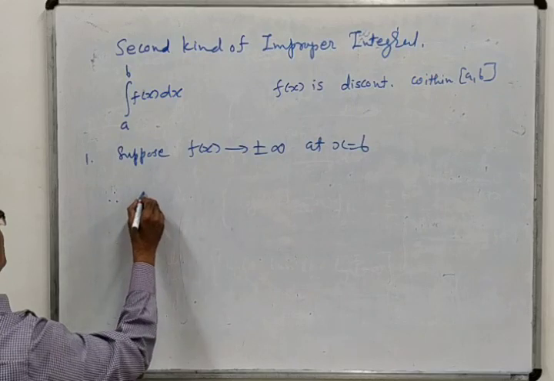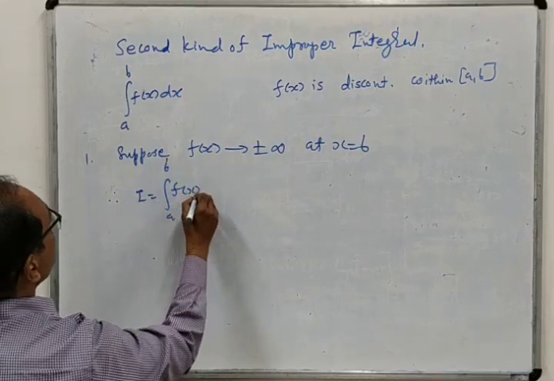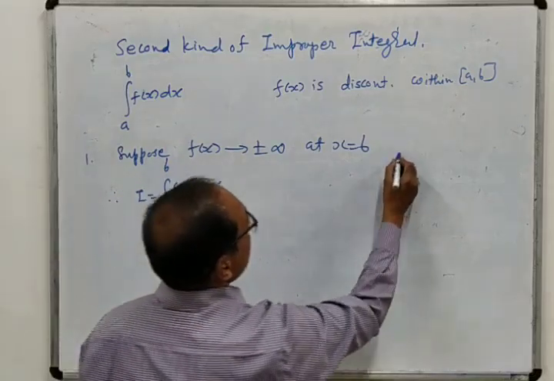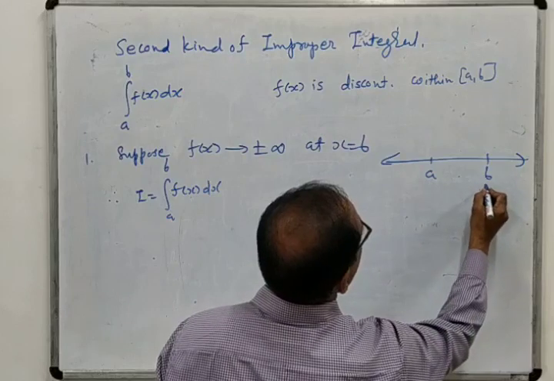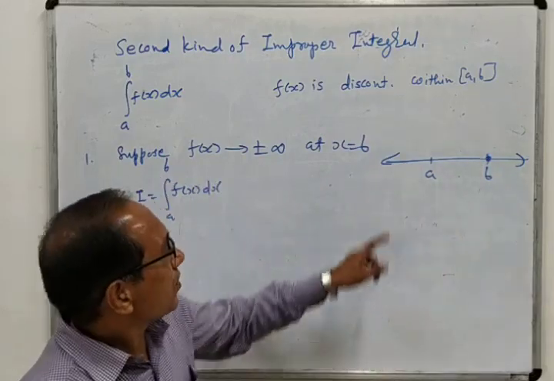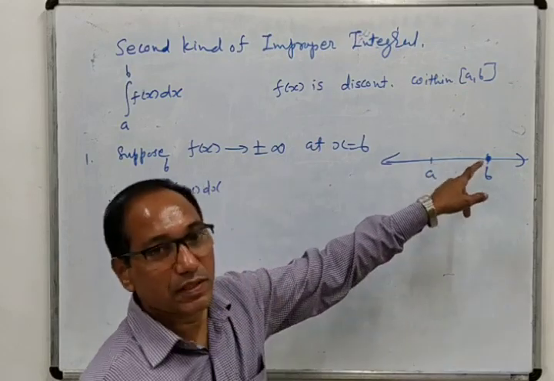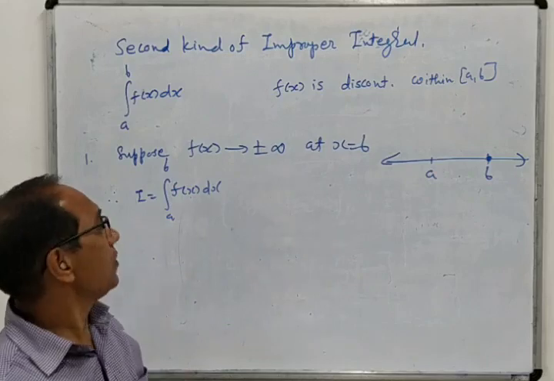If it is the point A and the point B, we say that it is discontinuous at the point B, but everywhere else it is continuous, starting from A to near B.